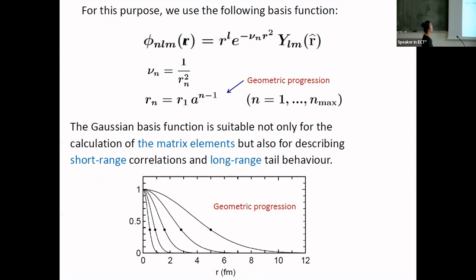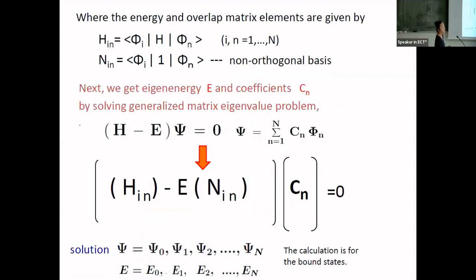And here is the range part. The point is that the ranges should be chosen in a geometric progression like this, because this Gaussian basis function is suitable not only for the calculation of matrix elements, but also for describing short-range correlations and long-range tail behavior.